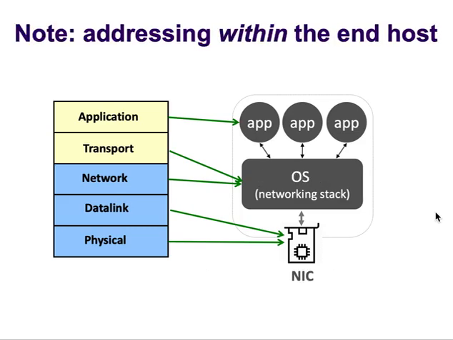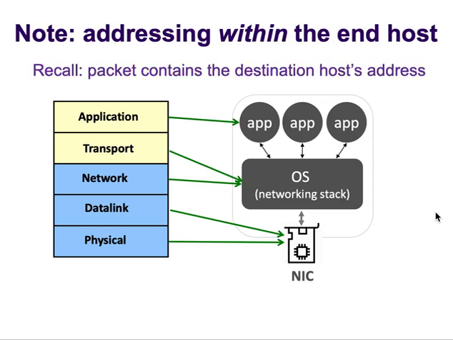Right. There is another trick that you have to think about when you're looking at the end host. Let me ask you to think now about a packet arriving at this end host. We said the packet contains the destination address, the unique address of this host on the internet. This is what allowed the packet to make its way across the internet and reach this end host.